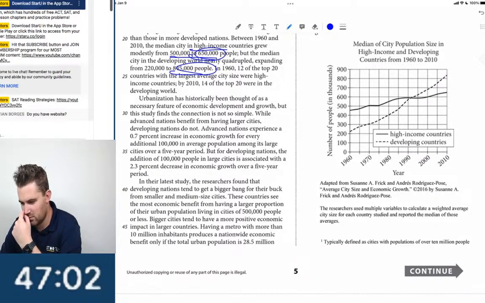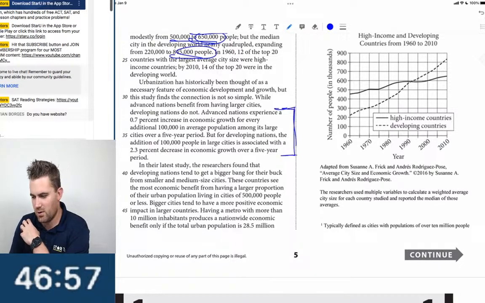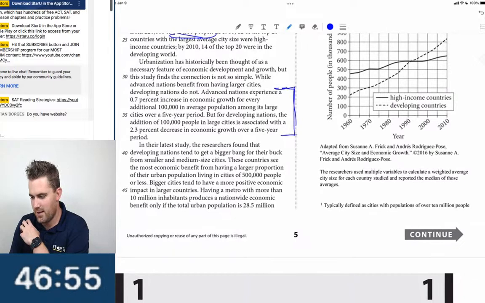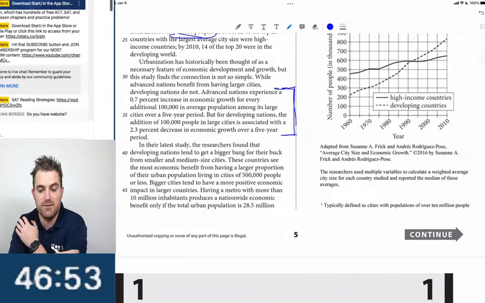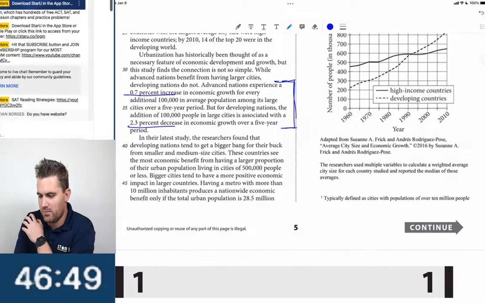So this is basically saying, guys, that for developing countries there are some significant economic downsides to growing too quickly. 2.3% decrease for 0.7% increase.